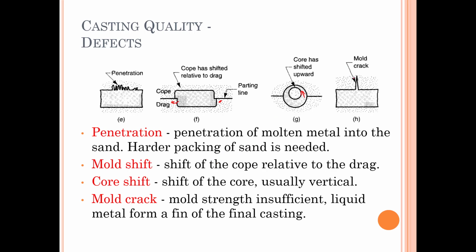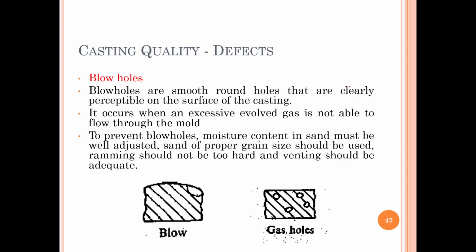Mold crack: mold strength is insufficient, and liquid metal forms a fin on the final casting. Then blowholes. Blowholes are smooth round holes that are clearly perceptible on the surface of the casting. It occurs when the excessive evolved gas is not able to flow through the mold.